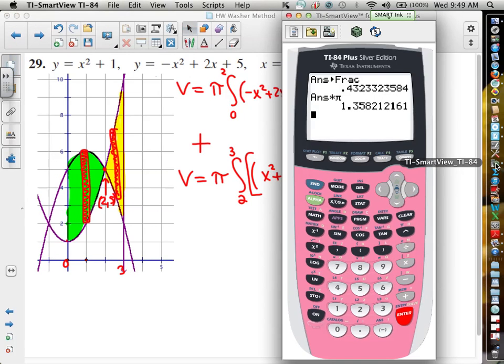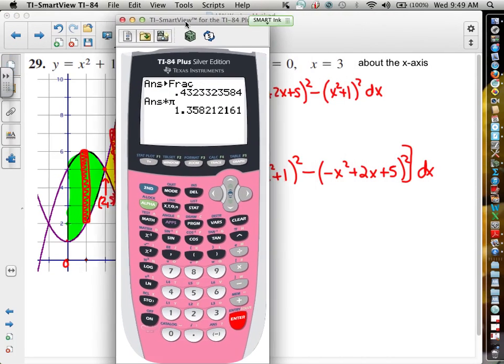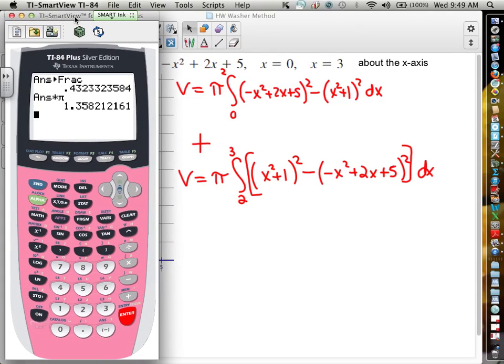So I'm going to integrate this down here. So if I do the first one, the negative x squared plus 2x plus 5, it's squared, minus x squared plus 1, squared.